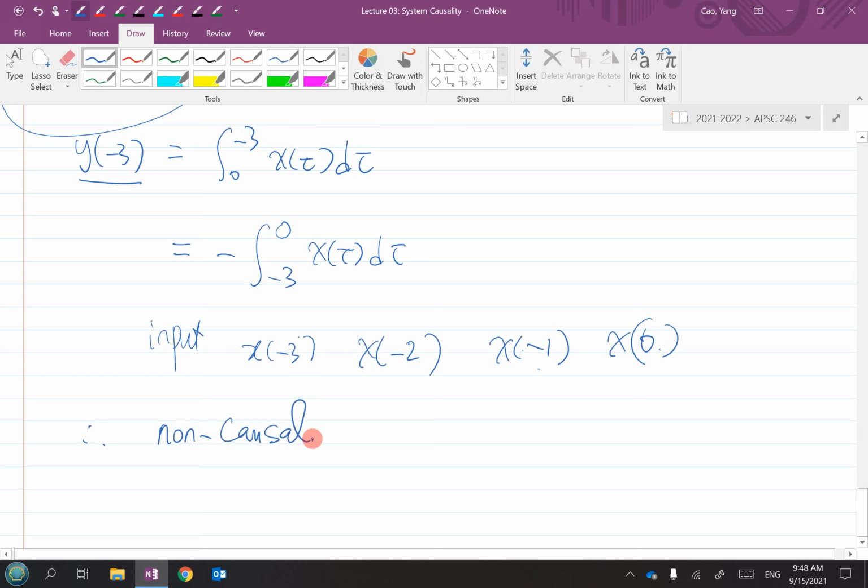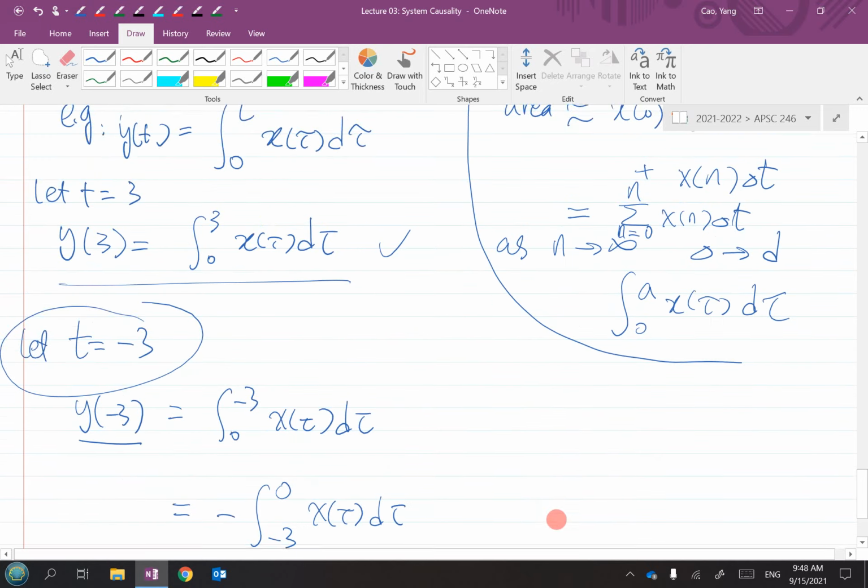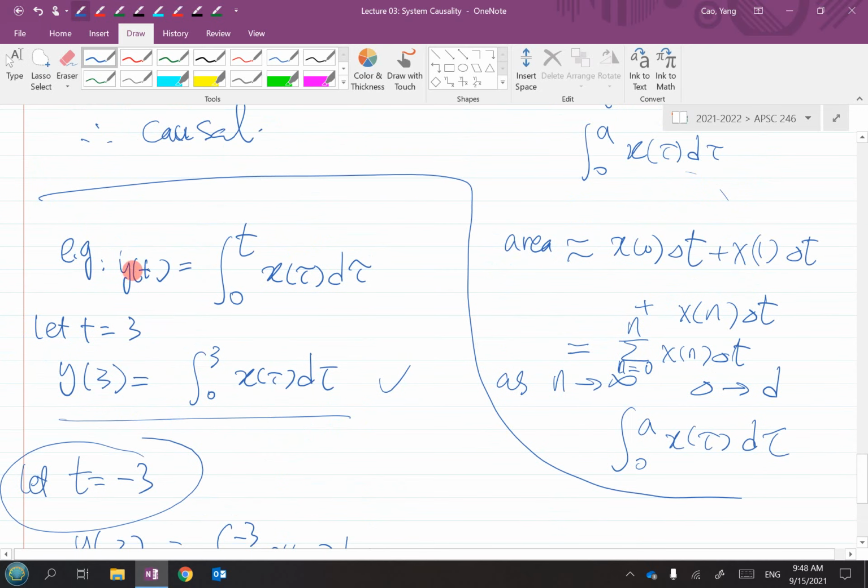Of course, you have to be very careful. Math is always a precise business. Now, if the question says, given the current expression, and then the question says t is greater than or equal to 0, so it specifies the range of t, then your conclusion is that it is causal.